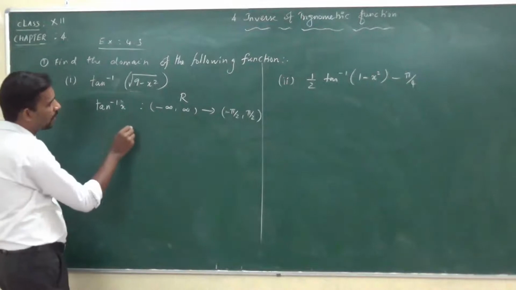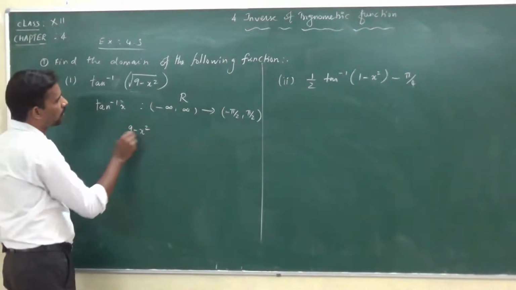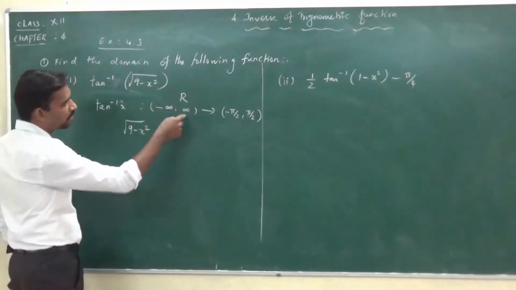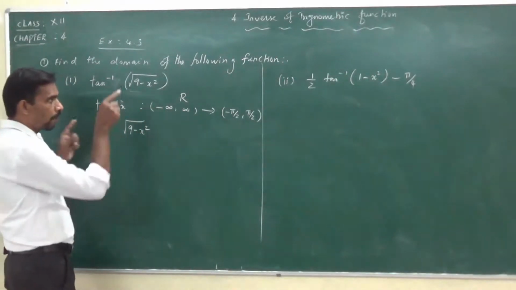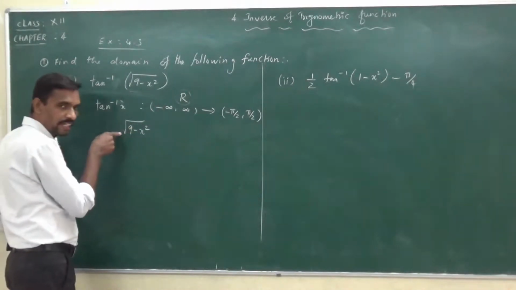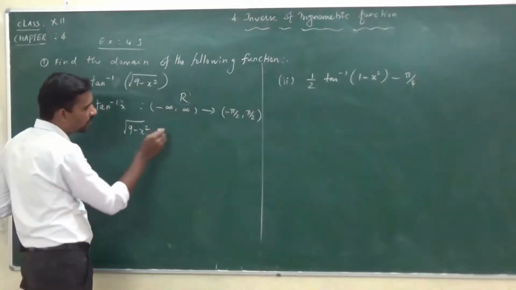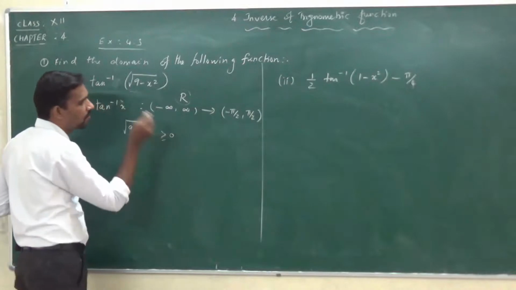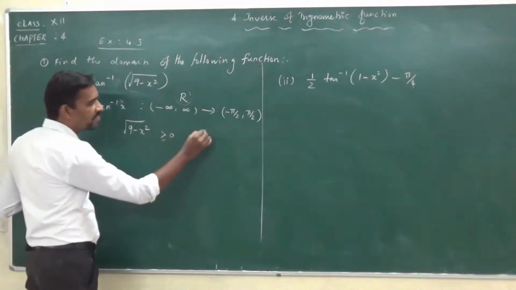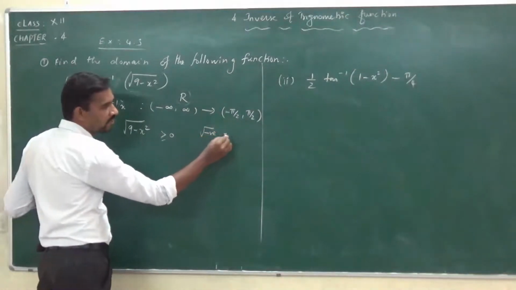Now in the case of root of 9 minus x square, x varies within the interval minus infinity to plus infinity. But in real numbers, the function in the root always has to be greater than or equal to 0. Because if we take the square root of a negative value, we get a complex number.